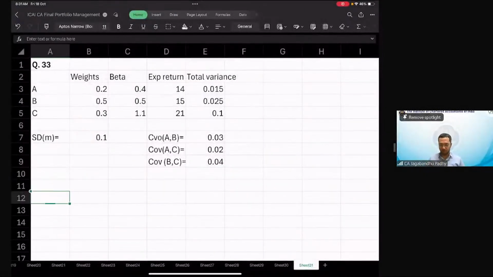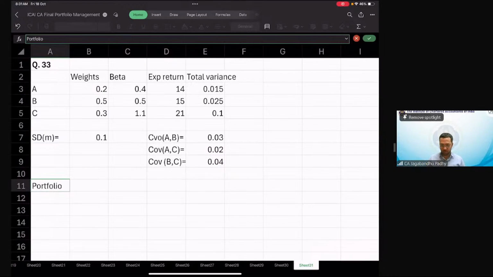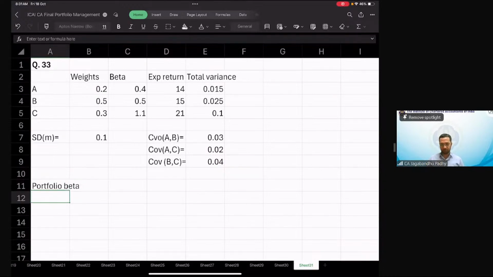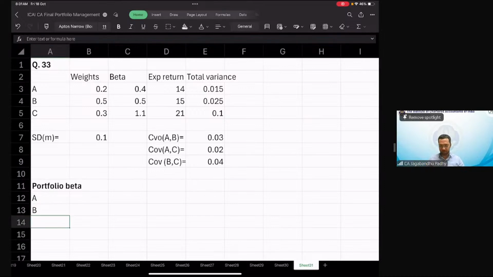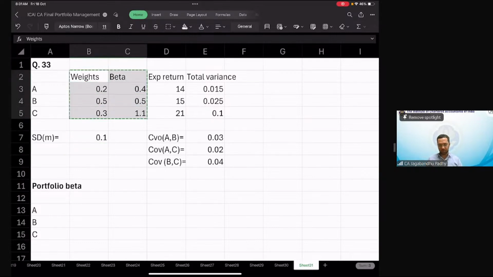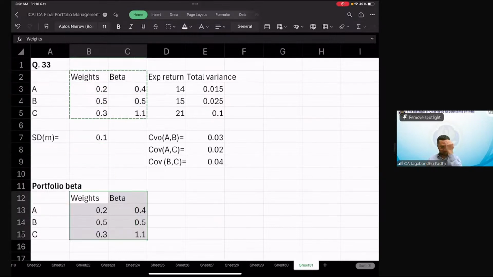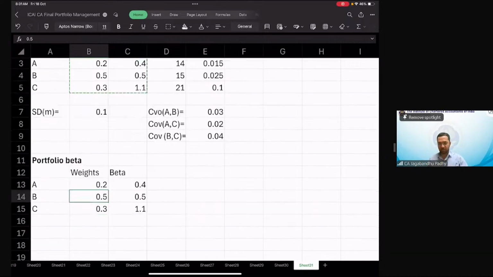Portfolio beta. How do we go about computing the portfolio beta? Portfolio beta can be simply computed as just writing down the securities, their weightages, and the beta values. What we need to do is we need to just obtain the weights into beta values.